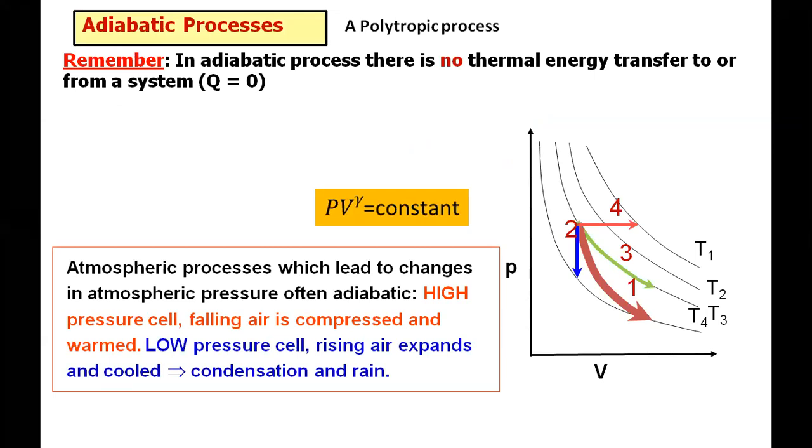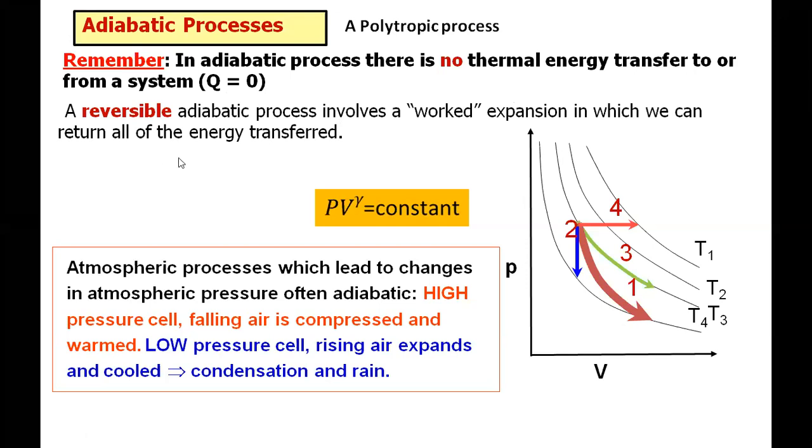And you have to remember, in an adiabatic process, there is no thermal energy transfer to or from a system. This means Q equals 0. A reversible adiabatic process involves a work expansion in which we can return all of the energy transferred.